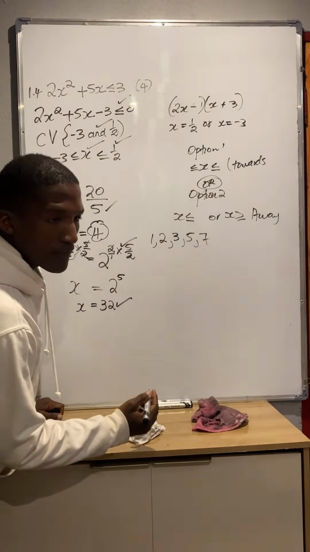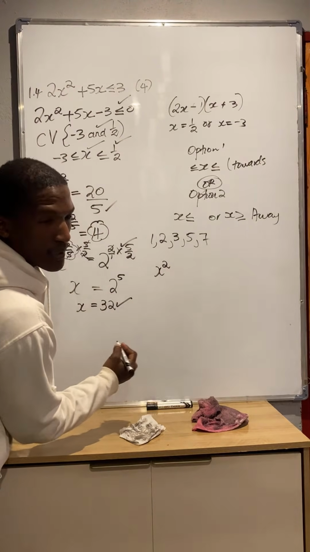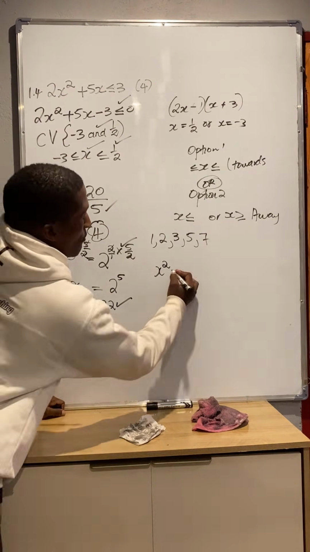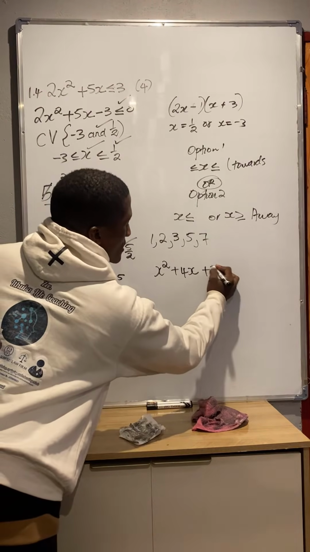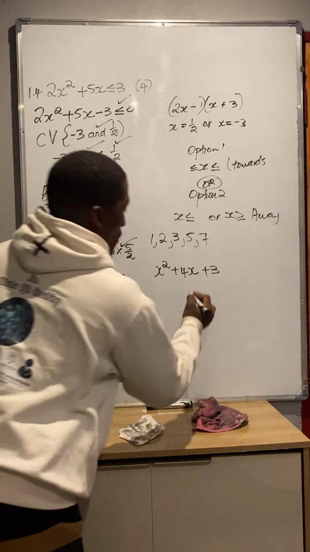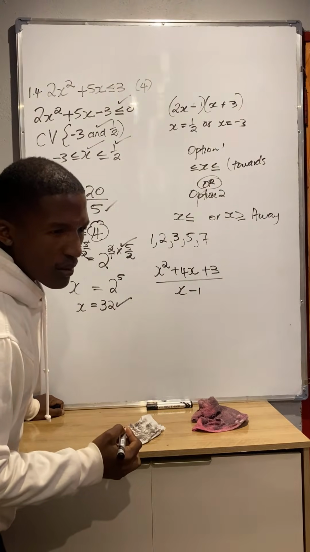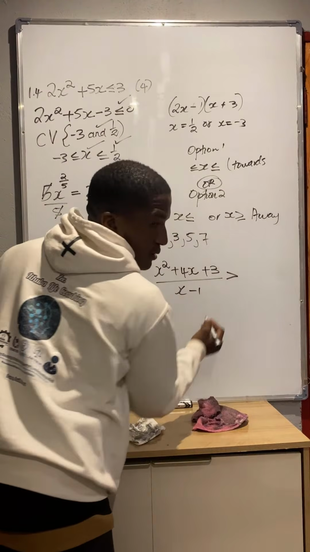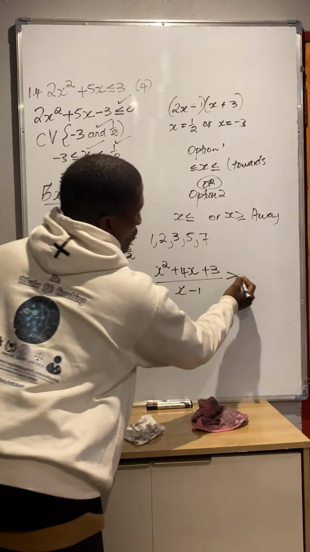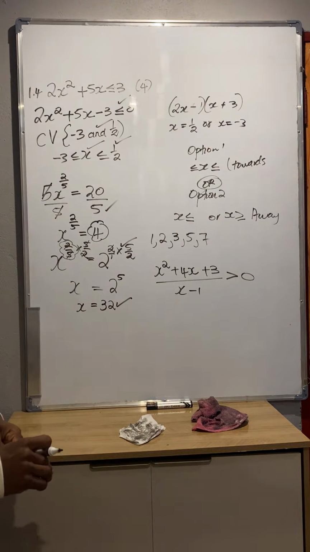Lisa is saying, family, what if we had x squared plus 4x plus 3 all over x minus 1, which is greater than 0? So Lisa, you are saying which values of this would be like this.